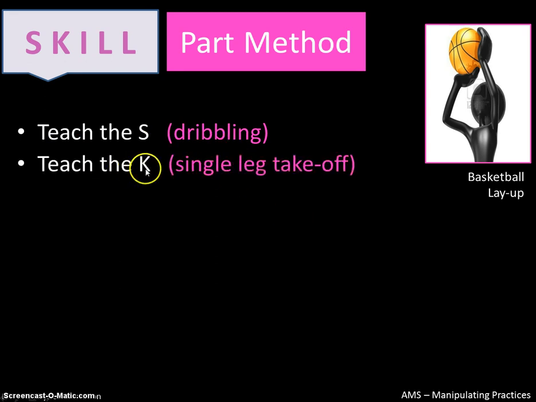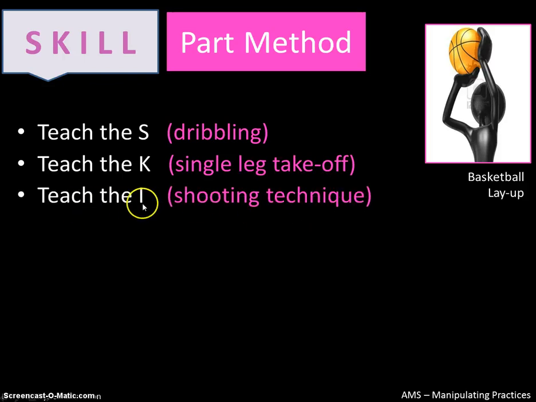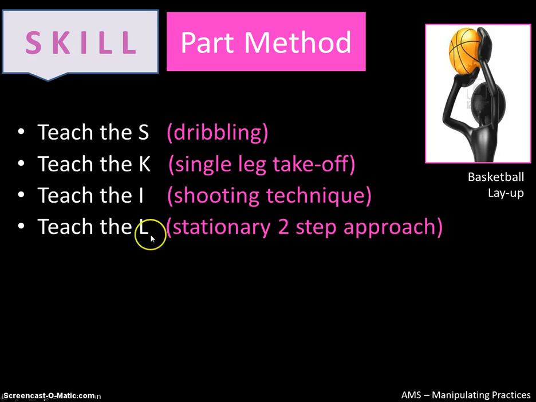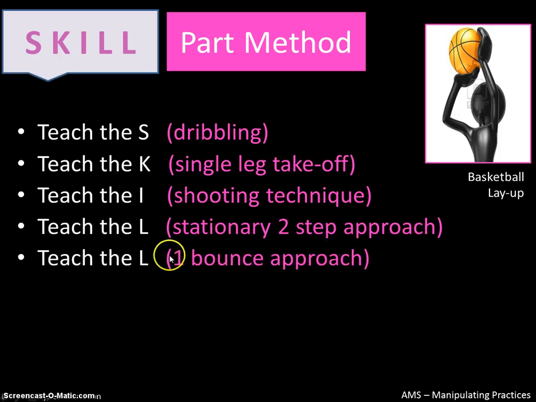You then teach them the second part, which might be how to do a takeoff step. You then separate the third part, so the shooting technique. You might then teach them another bit, another part to the skill. Practice maybe a stationary 2-step approach, so the 2 steps before your shots. And then you might put the bounce step, so that's another separate part.